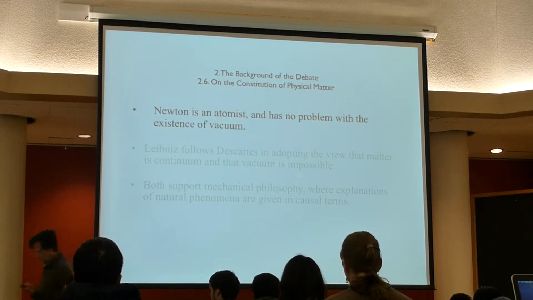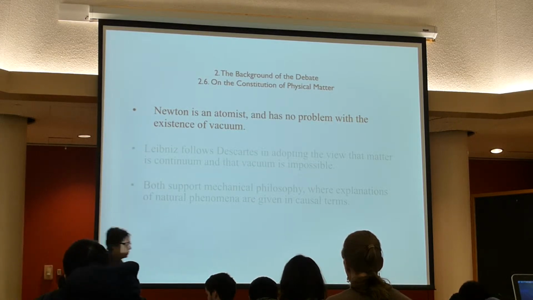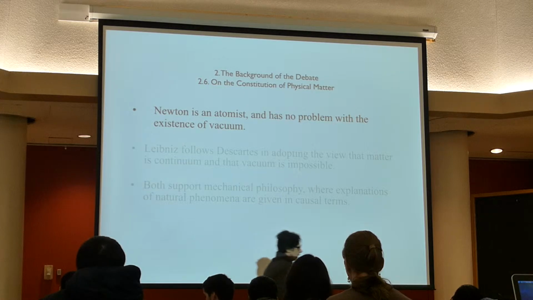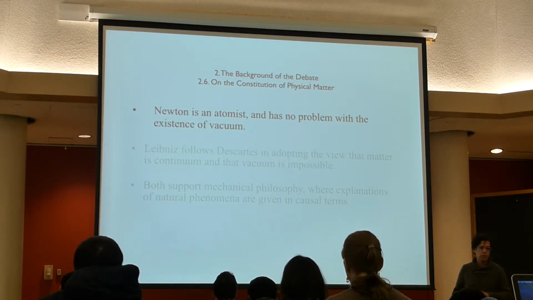Is this lecture number 5 or 6? Okay. So Newton is an atomist, and he has no problem with the existence of vacuum. If you believe that there are atoms and molecules and electrons and things that constitute the atom, most of space is empty.